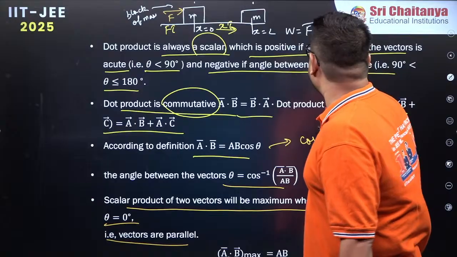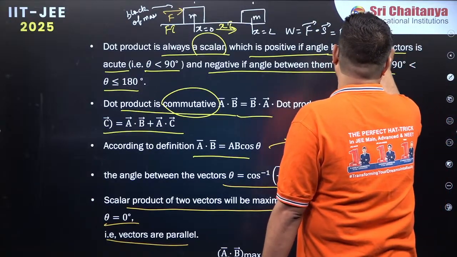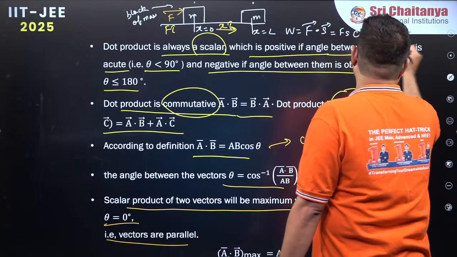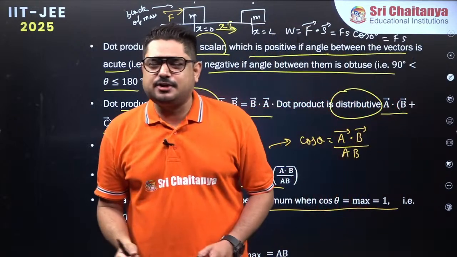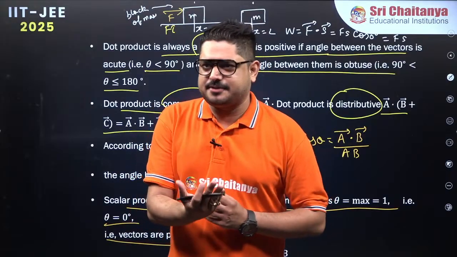If I perform the operation, you get F S cosine of 0, which gives us F into S. So work done is equivalent to force into displacement.